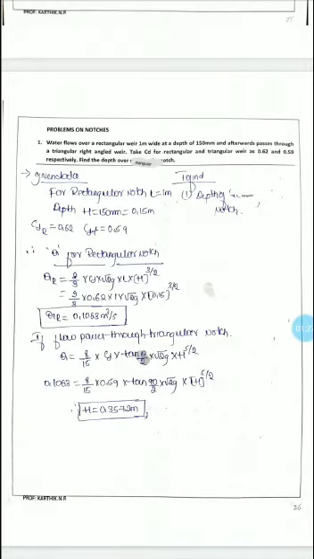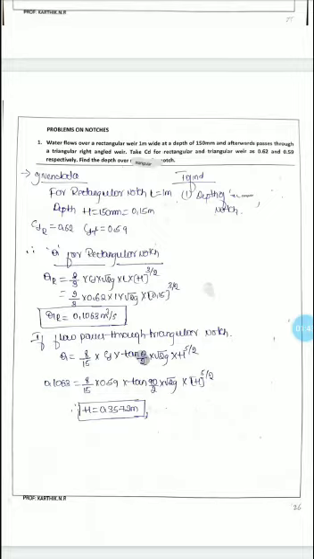In the given data, the length is 1 meter, and the depth of the rectangular notch is 150 mm, that is 0.15 meter. The coefficient of discharge for the rectangular notch is 0.62 and for the triangular notch is 0.59.